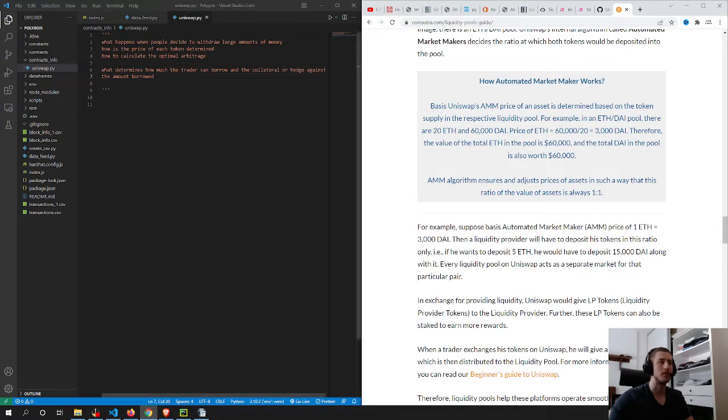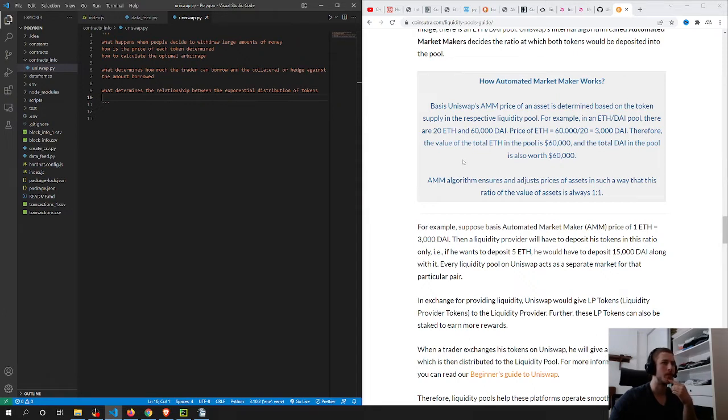So I have to understand what determines the relationship between the exponential distribution of tokens, if that's what's happening. So for example, we're gonna have exponentially more ETH for each DAI you have in the pool.